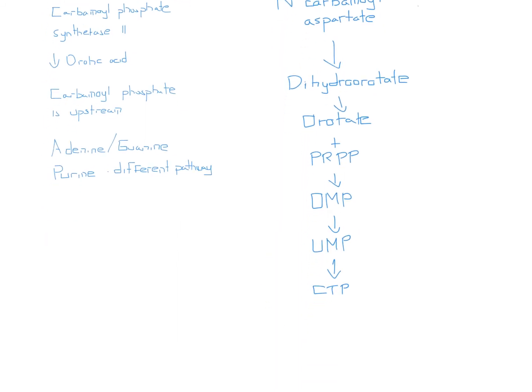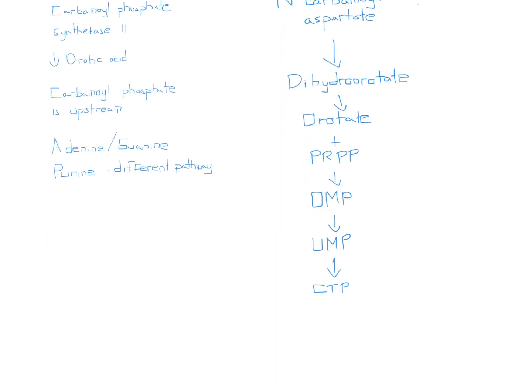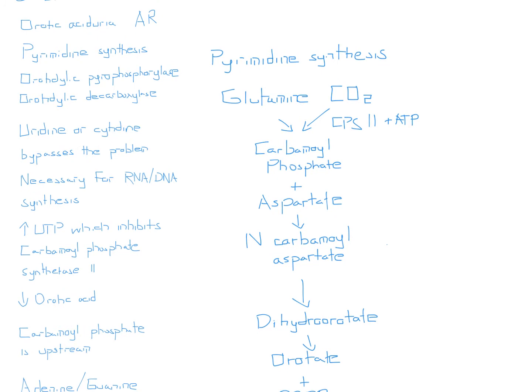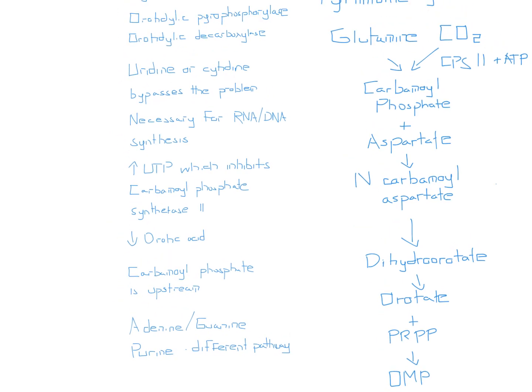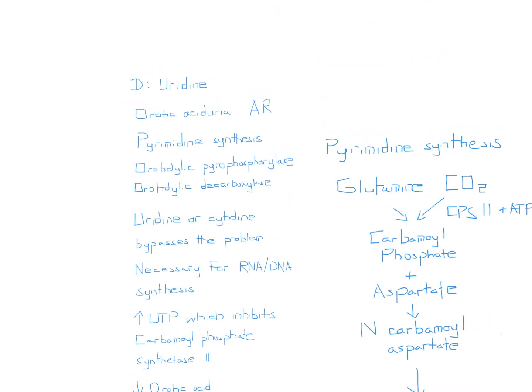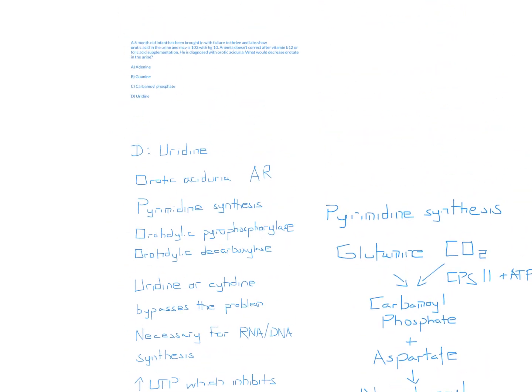It's going to end up creating the necessary end product that can go back up and help inhibit the original enzyme, which is CPS2. So if you can help create the product that inhibits this, then that goes all the way downstream and stops this from being produced. So that's how you help fix this problem and help improve this patient's quality of life.